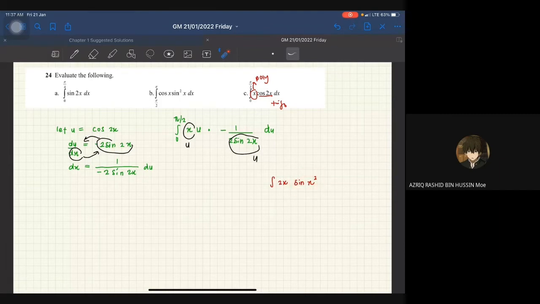Tapi kita boleh guna substitution. Kita jadikan ini sebagai u. Tak ada masalah. Okay, so dia ada setengah case. So betul je kalau let's say awak ada soalan macam ni, awak nak guna substitution dulu. Tapi kalau awak stuck dekat substitution, then maksudnya memang awak kena guna by parts.